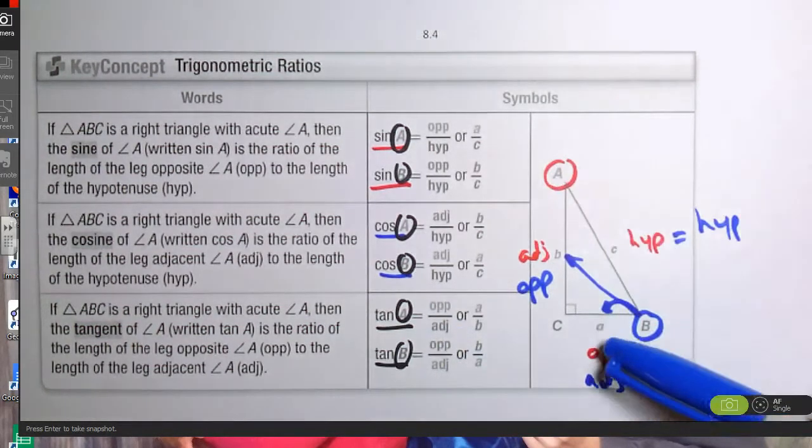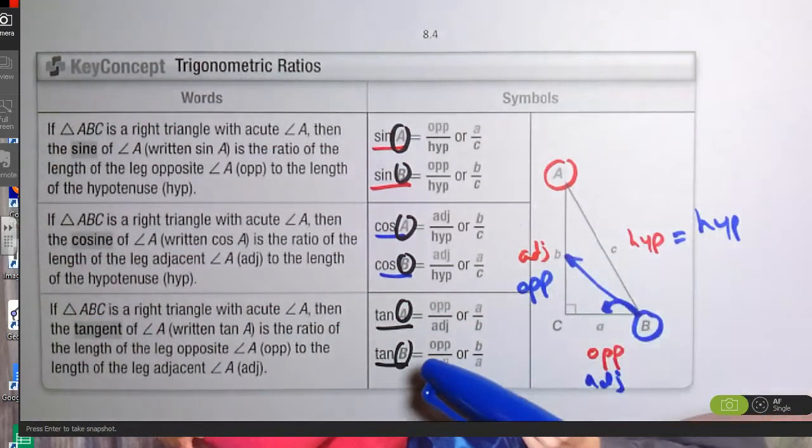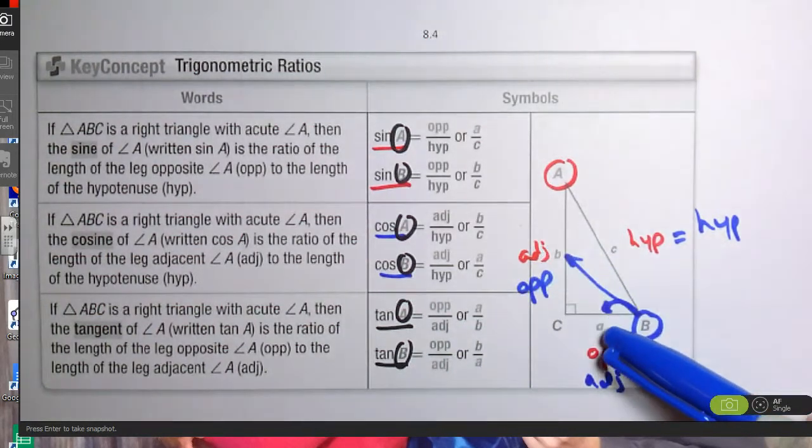Well, for angle A, the opposite is A, the adjacent is B, and for angle B, the opposite is B, the adjacent is A.